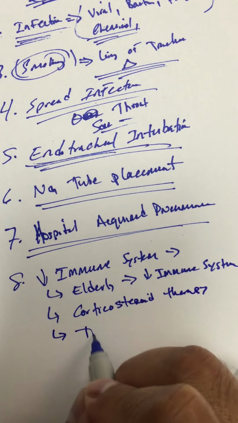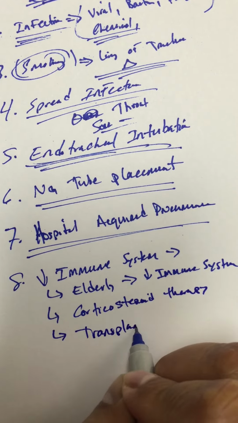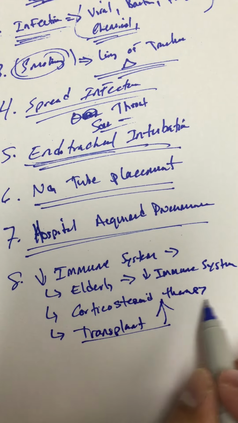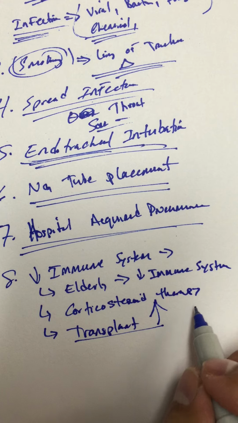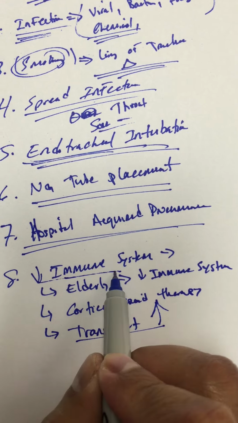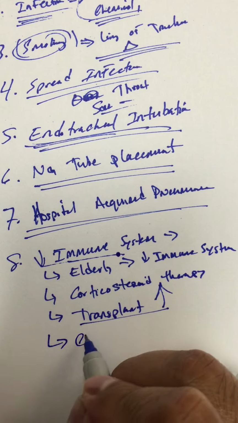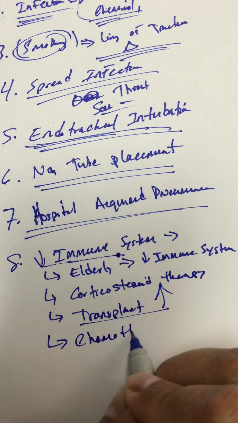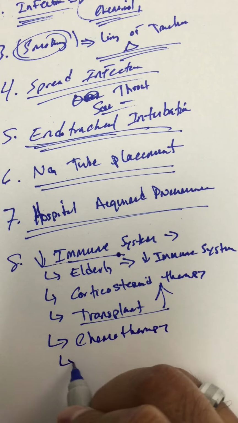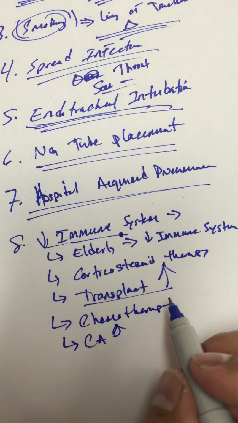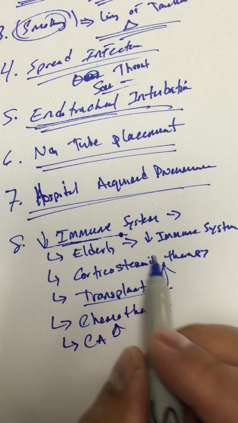Maybe they had some type of transplant. If they had some type of transplant, they will most likely be on some type of corticosteroid therapy or immunosuppressants, decreasing their immune system. Other patients include patients that are receiving chemotherapy. And some type of cancer, they would be receiving chemotherapy, which is going to cause a decreased immune system.